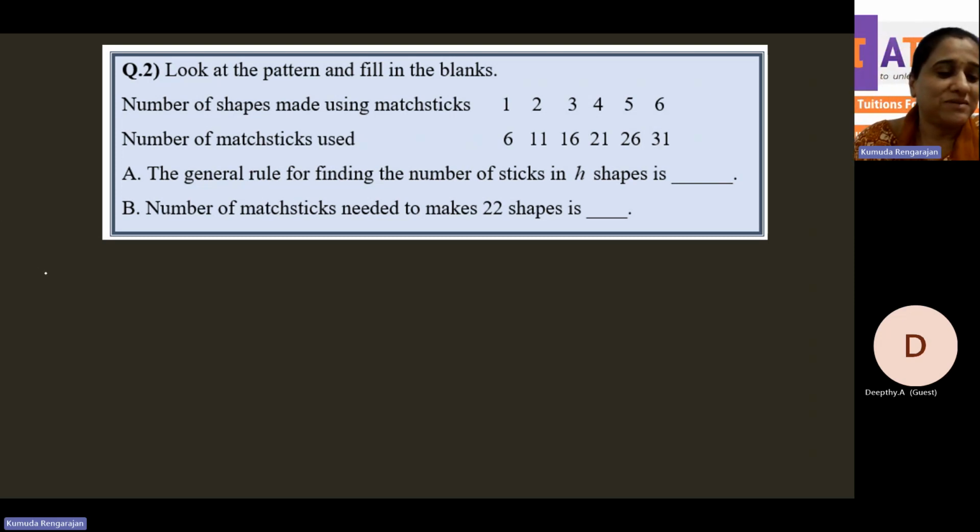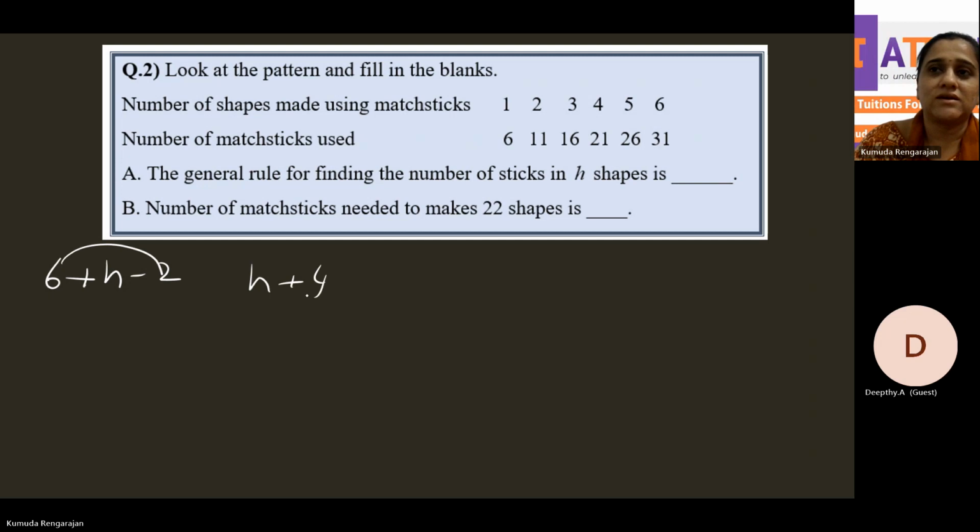Okay, let me try this. 6 plus H minus 2 amounts to 6 minus 2 is 4. 4 plus H or H plus 4, because 6 minus 2 is 4, no? So you're saying H plus 4. If you take H as 1, 1 plus 4, 5 only you'll get. But the first term is 6.